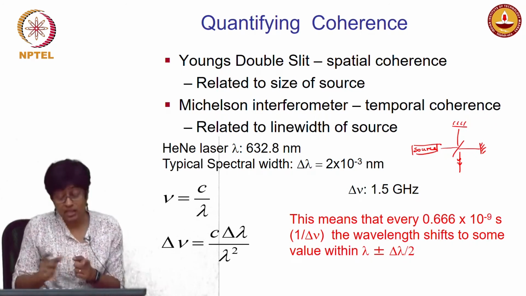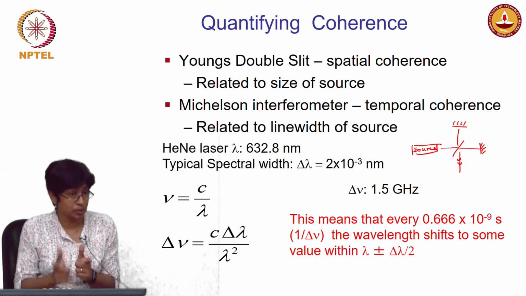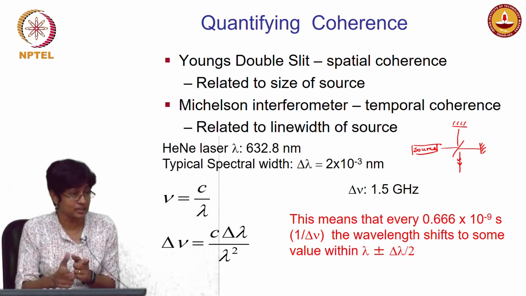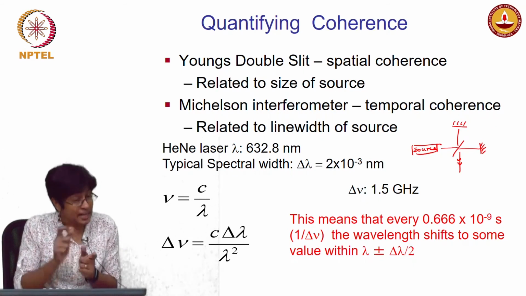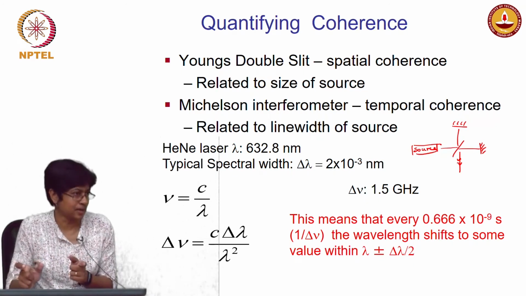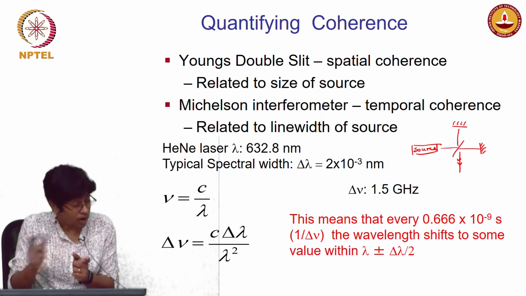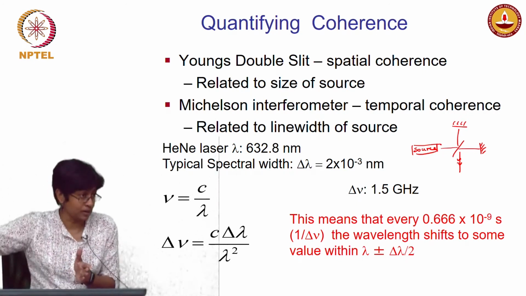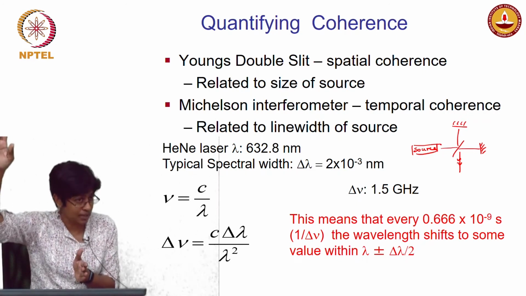What happens after this time, after this 0.6 times 10 to the power minus 9 seconds? That source now starts emitting at a different lambda. What lambda? It's not emitting at 400 nanometers, not emitting at 1000 nanometers.